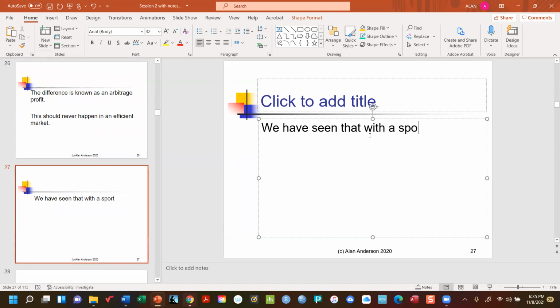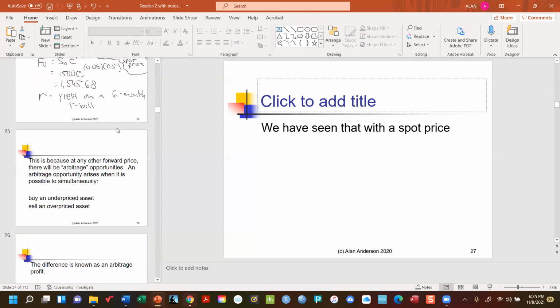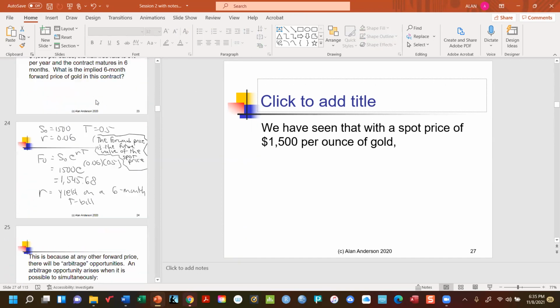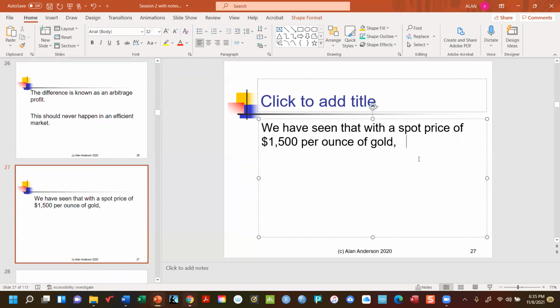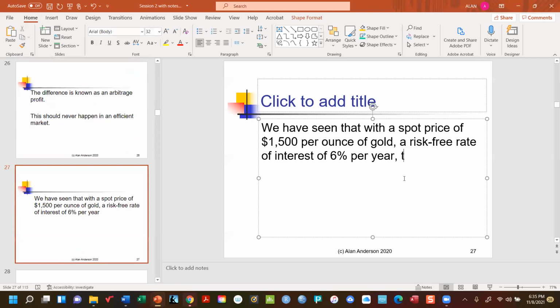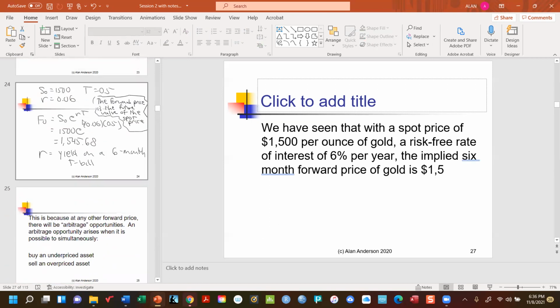With a spot price of gold of $1,500 an ounce, a risk-free rate of interest of 6% per year, the implied 6-month forward rate or price of gold is $1,545.68.